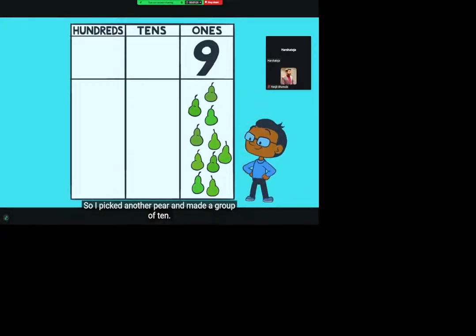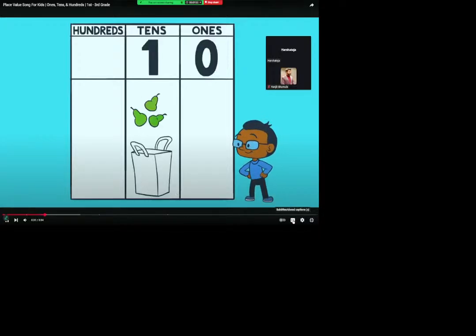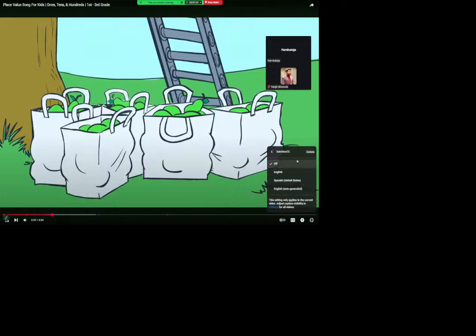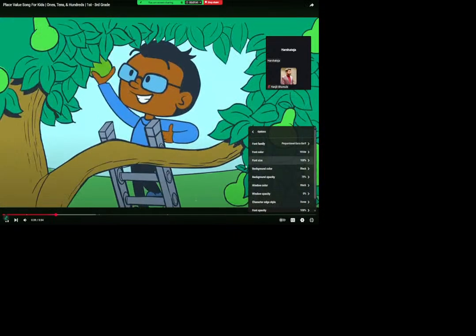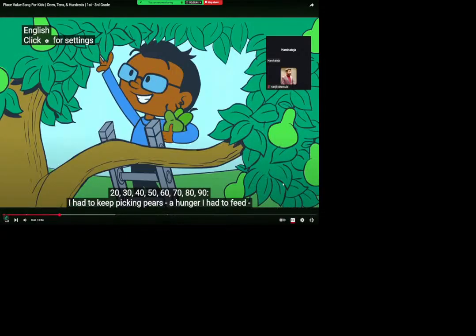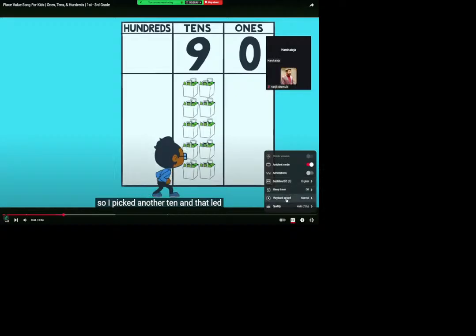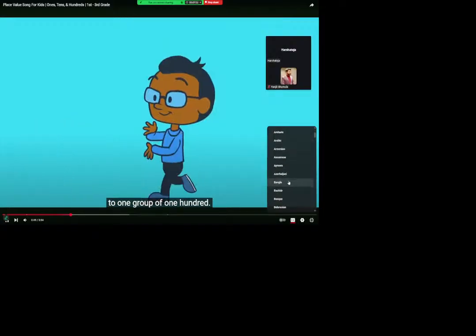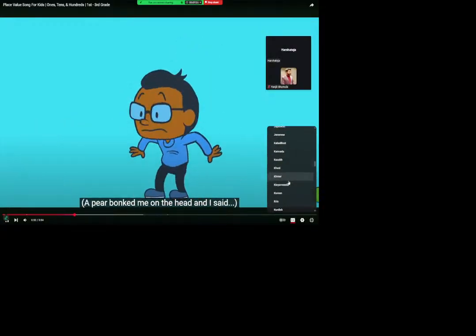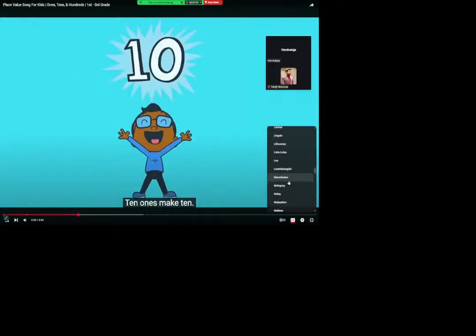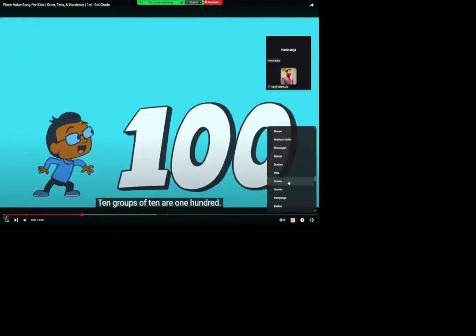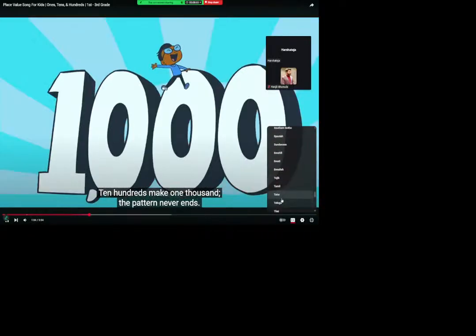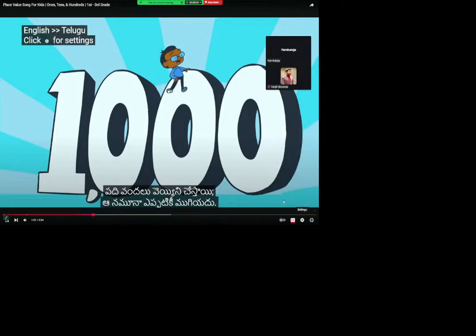So I picked another pair and made a group of 10. 20, 30, 40, 50, 60, 70, 80, 90. I picked another 10, and that led to one group of 100. 10 ones make 10. 10 groups of 10 are 100. 10 hundreds make 1,000. The pattern never ends.